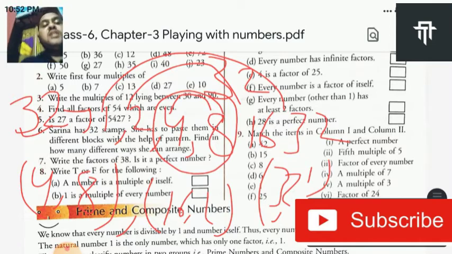Or we can also write 2, 16 and 1, 32. So these are the factors of 32 which are in pair. So here we have to find out how many different ways she can arrange. So she can arrange in 4 into 8, 16 into 2 and 32 into 1 way. So these are the 3 different ways.